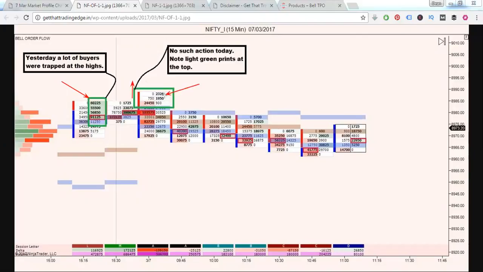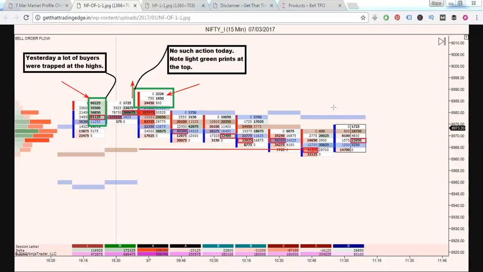But look at the amount of buying that happened at the very top. Very few buyers were seen. What it means is that there were not many stops above yesterday's high, and even no new buying emerged once prices got above yesterday's high.